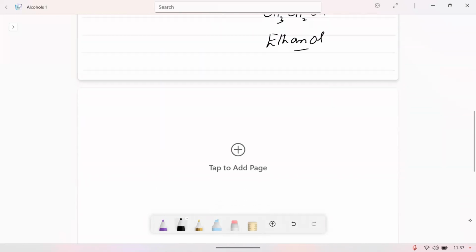This was a simple thing. But let's say there are more branches and all that. For example, let's say you have an OH over here, and then you have a CH3 over here.